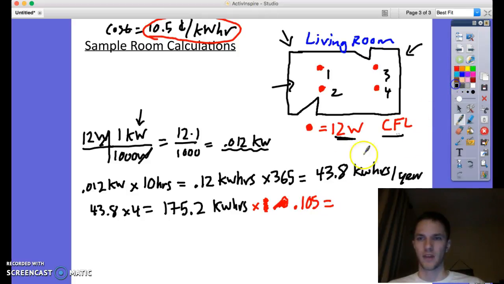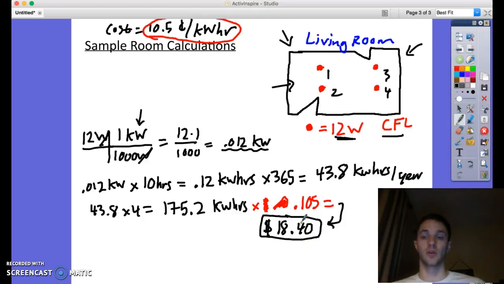And that is going to give me a final answer of about 18.40. This is equivalent to $18.40 to run the lights in this room in 1 year.